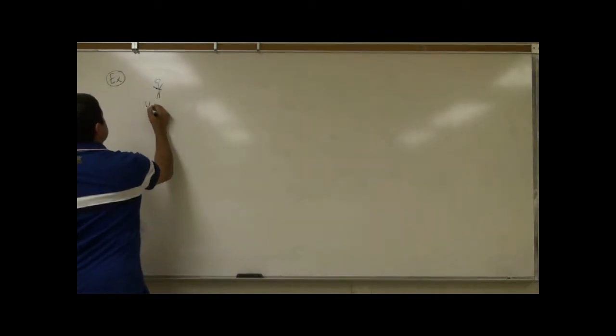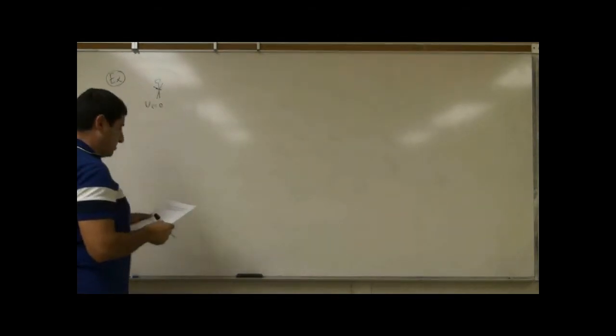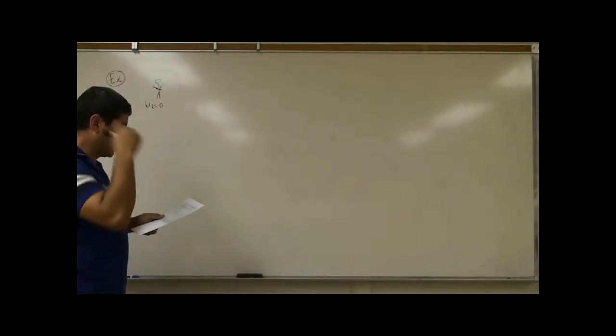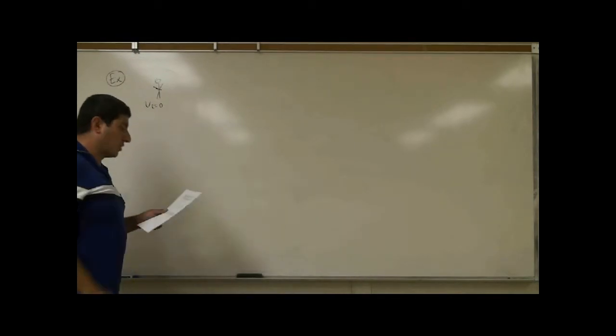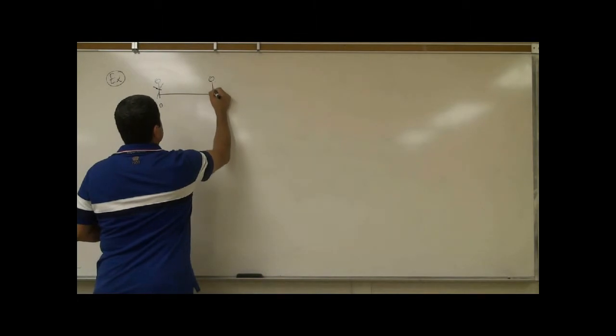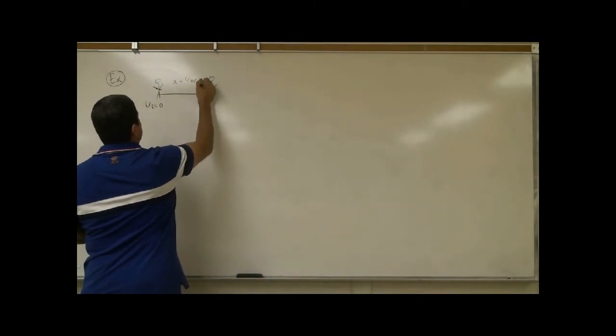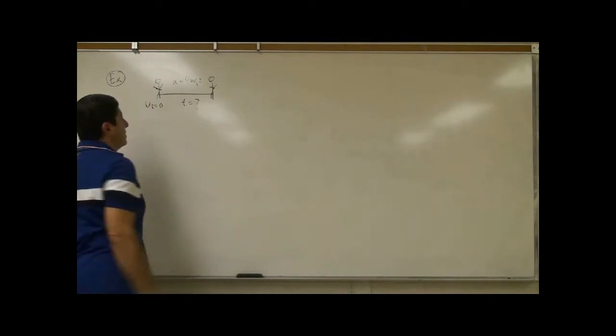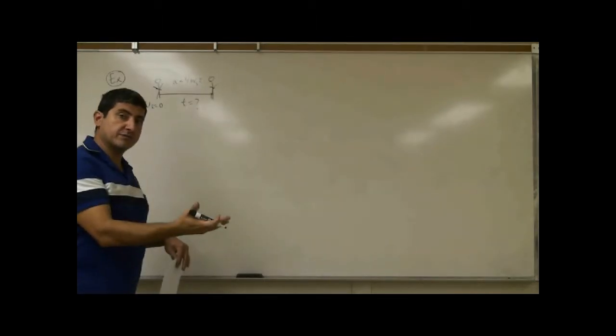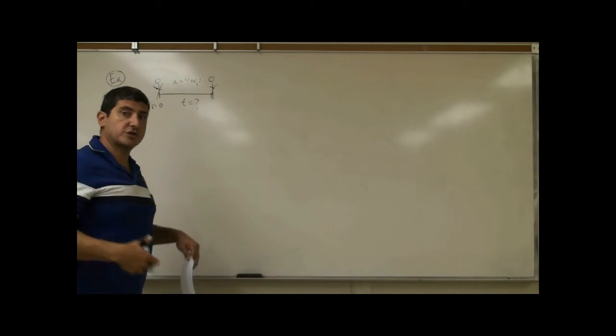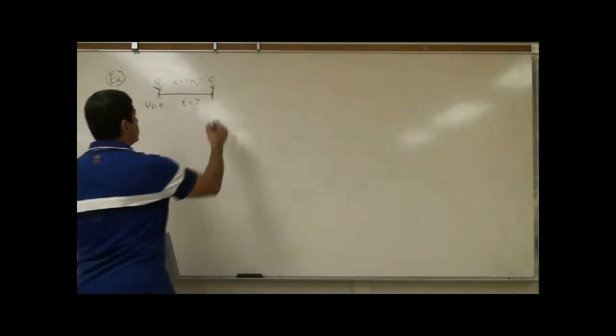So the initial velocity is 0 here, and acceleration is 4 meters per second squared for a certain amount of time. So we don't know that time. So acceleration is 4 meters per second squared. T is unknown. By the end of that time, the runner has established a certain velocity, right?